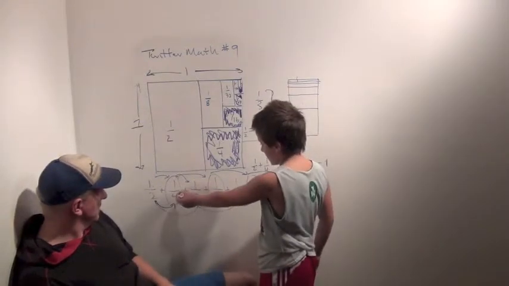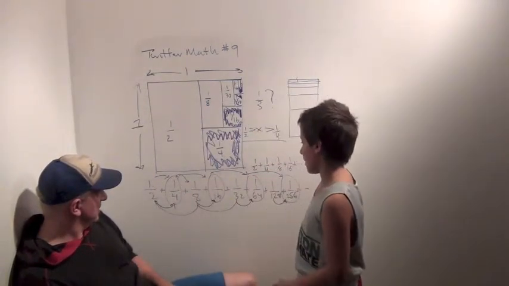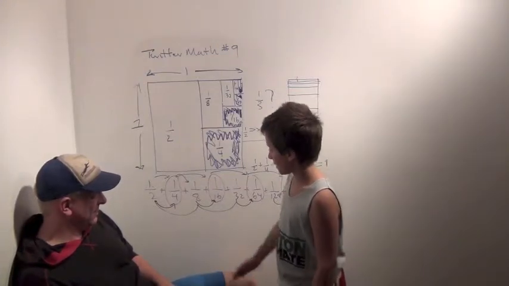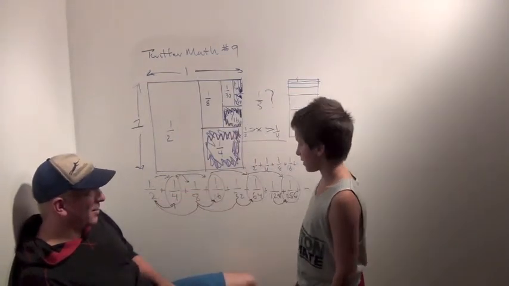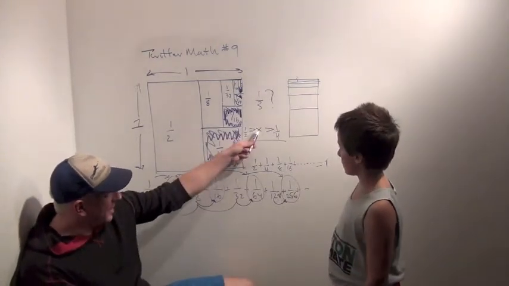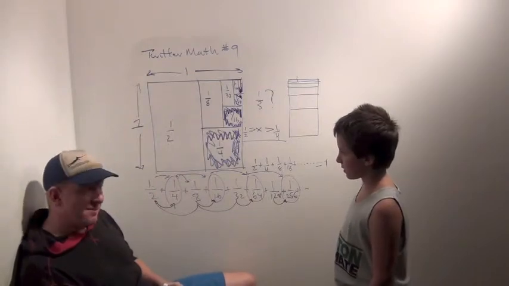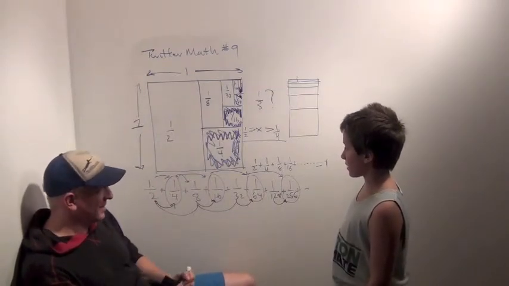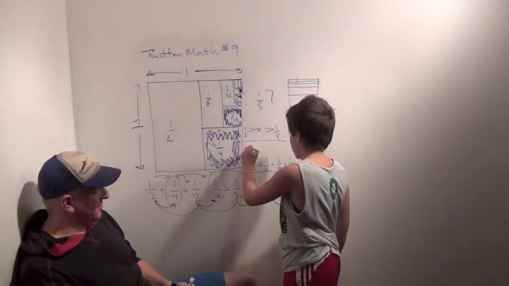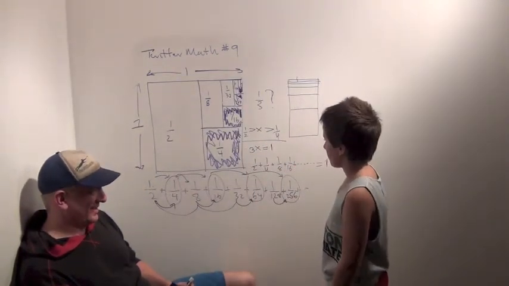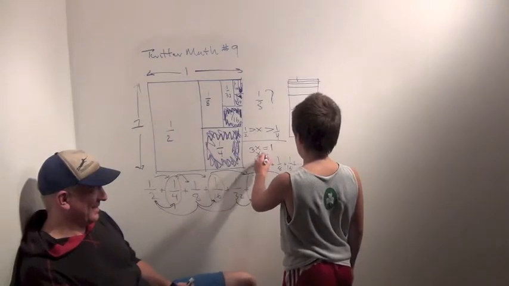This sequence that we're trying to add up could be half of what the other sequence is. Now you called the sequence we're trying to add up x, so the other sequence would be 2x. So 3x equals 1. So x does equal 1/3.